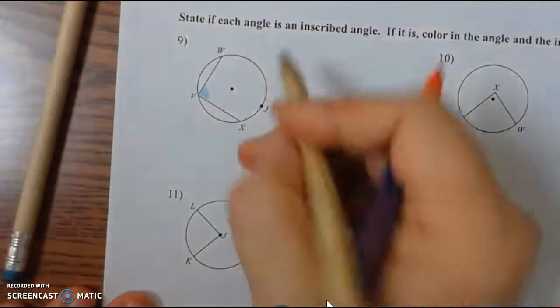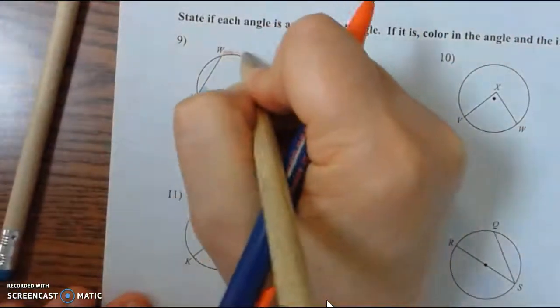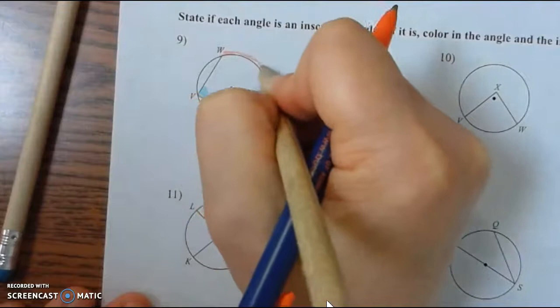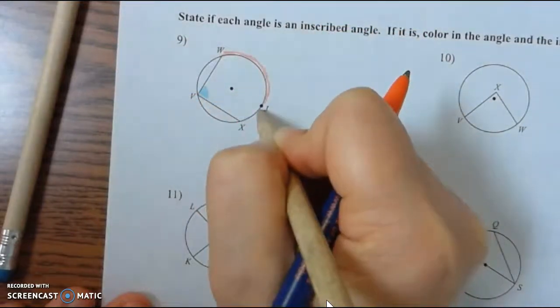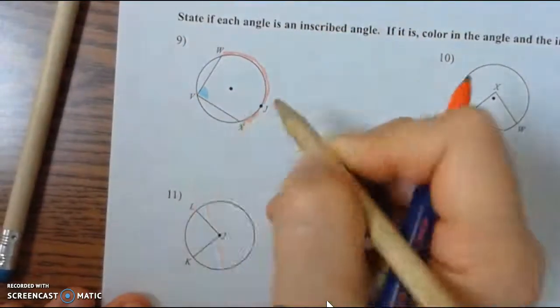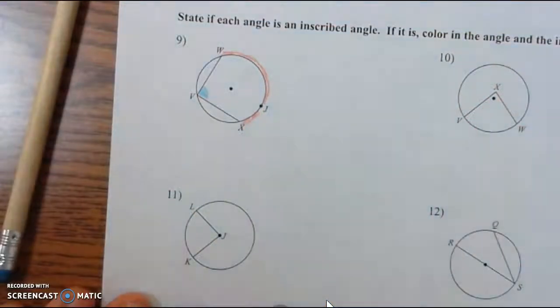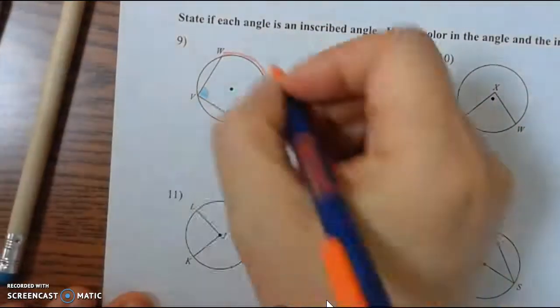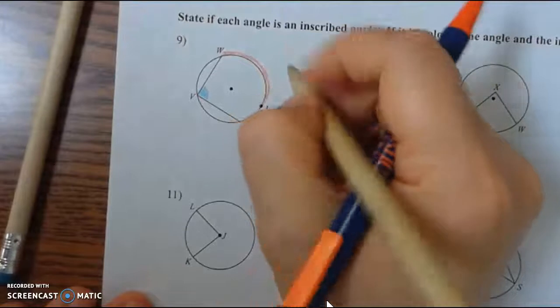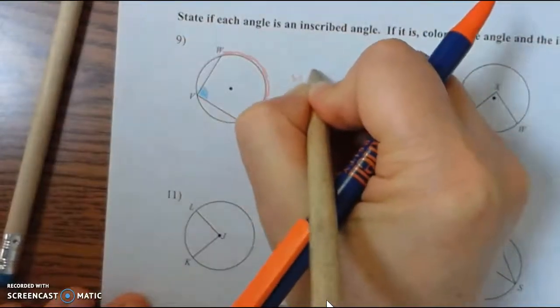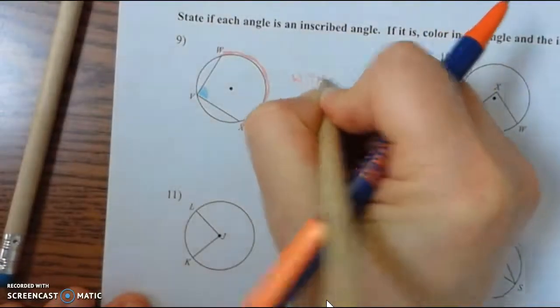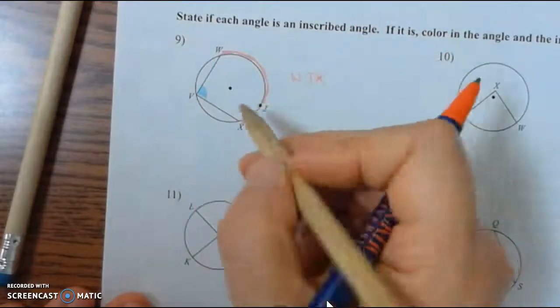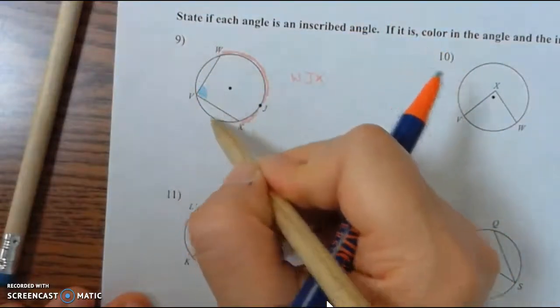And what is the arc that is intercepted by this angle? It is this arc, and the intercepted arc is going to be WJX. We use 3 letters so that we do not get confused with the other side.